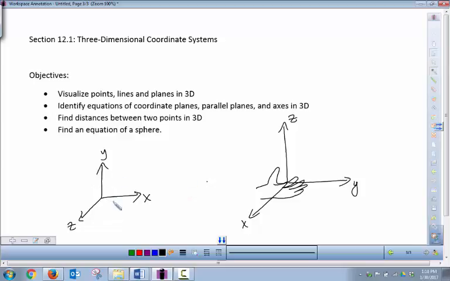So what you need to do is wrap your right hand around this way so that your thumb will be pointing in the direction of the Z. So it has a counterclockwise direction, looking at it from the top. Okay, so that's the right-hand rule, and that's how you can distinguish which one is which axis.